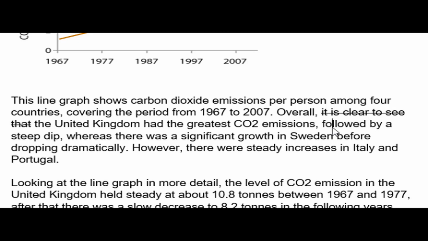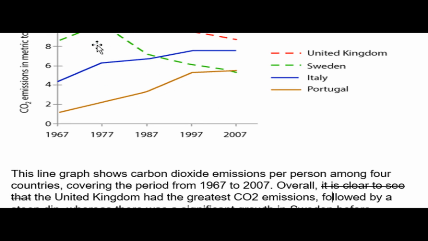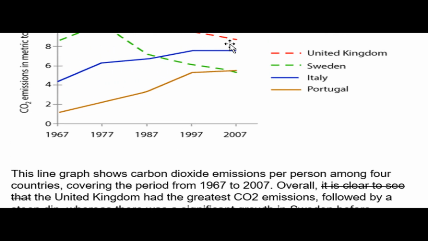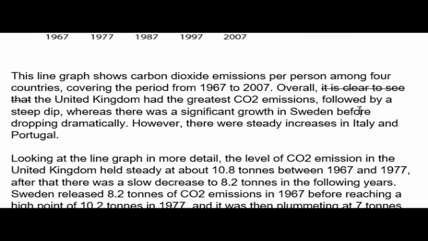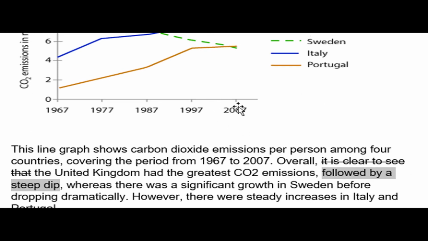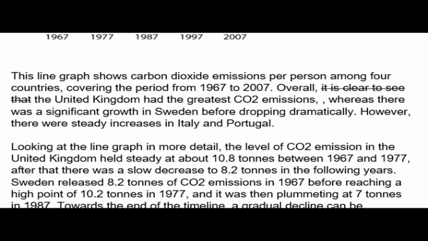This is not right. Followed by a deep dip. Also, where was the deep dip? I don't see a deep dip here. There's just a gradual decline. I don't want to rewrite this because I don't know what the writer saw that I cannot see. I don't see a deep dip. I don't see anything after 2007. So I'm just going to delete that. I don't know what that is about.